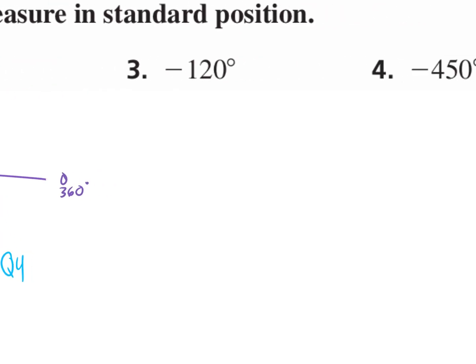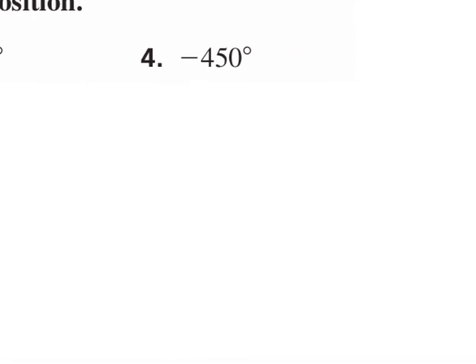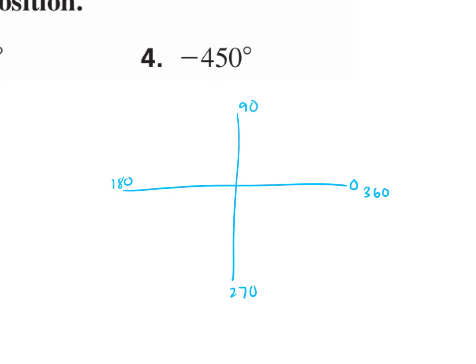All right, let's do number 4. So I've got 0, 90, 180, 270, 360. We have negative 450 degrees. So where would we go? We go down. We go down all the way around once. And how many more do we have to go?